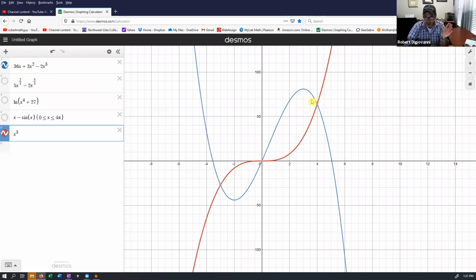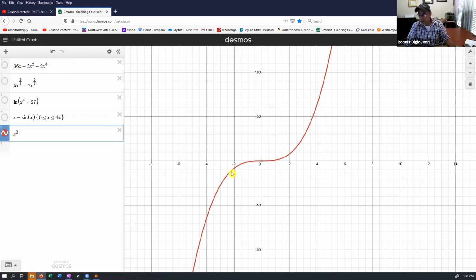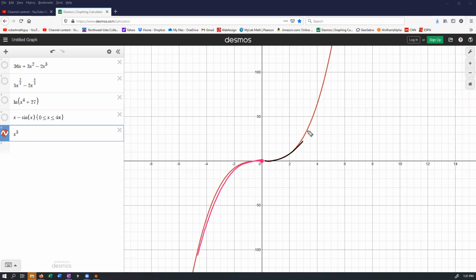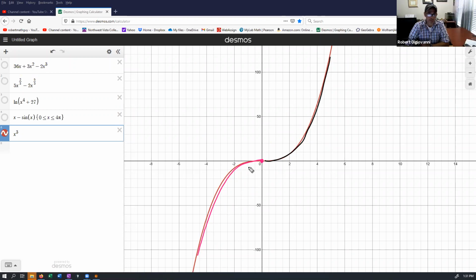Is that what you're referring to? Okay. So this one in red does not have a turn, but it does have an inflection point, because here's your inflection point. To the left of it, it looks like a frown, right? And to the right of it, it looks like a smile. And so you do have an inflection point without a turn.